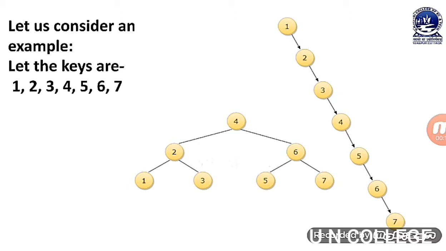You can see clearly that when you are creating a BST using the data 1 to 7, the first node or the root is 1, and 2 is added as the right child of 1, then 3 is added as the right child of 2, then 4 is the right child of 3, then 5 is the right child of 4, then 6 is the right child of 5, and 7 is the right child of 6.